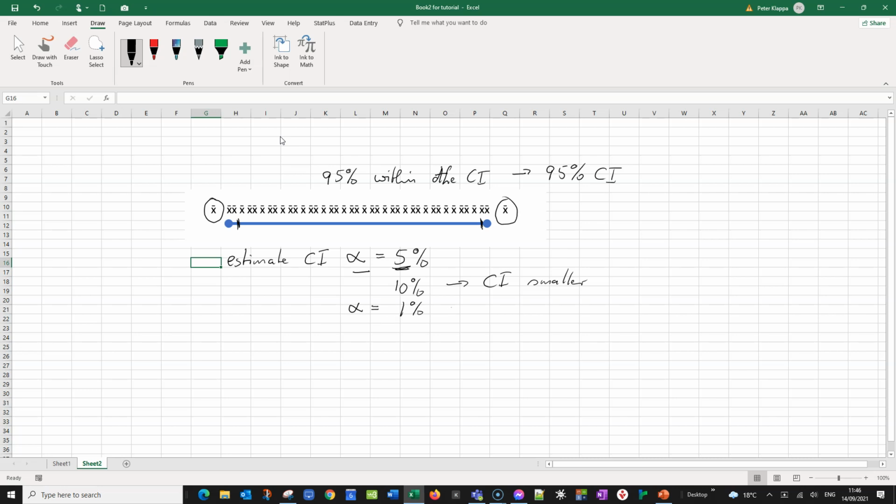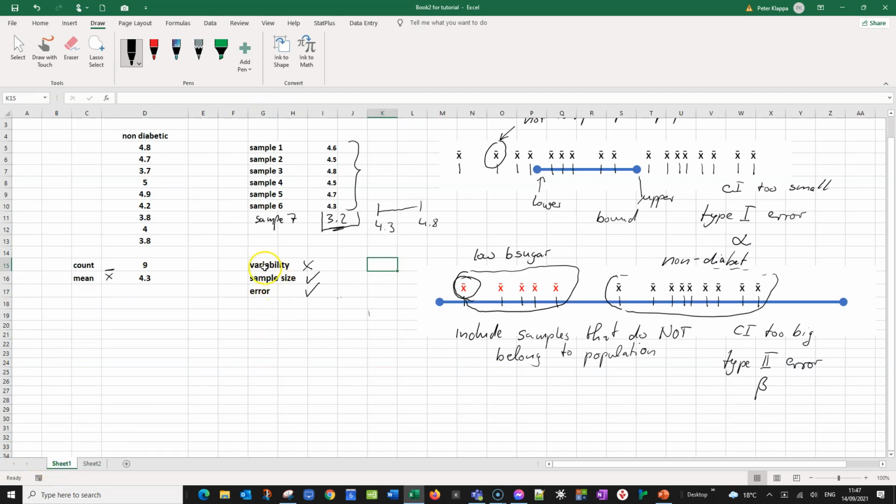That would mean the confidence interval gets larger, because we need to capture more samples, as we only want 1% of the samples outside. So in this case, the confidence interval would go up. Depending on our decision, what we want this alpha to be, how many of the samples we want within this confidence interval, that is in our control, and that will contribute to the length of this confidence interval.